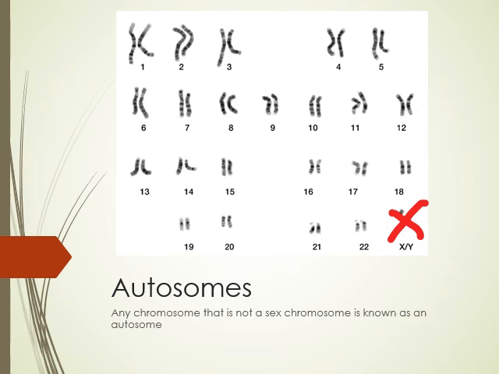Aside from the sex chromosomes, all the rest of them are called autosomes. So anything that's not a sex chromosome is an autosome. So we have sex chromosomes and we have autosomes. The autosomes make up the vast majority of the instruction manual to make you.